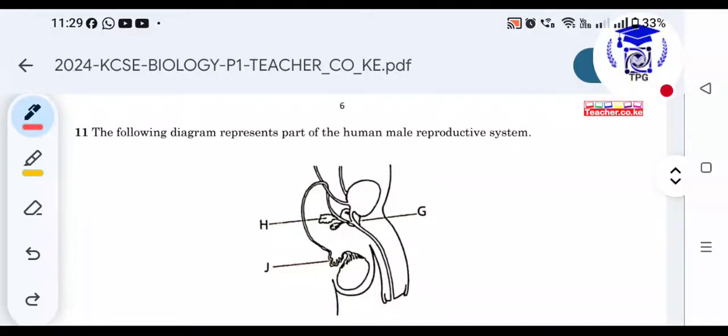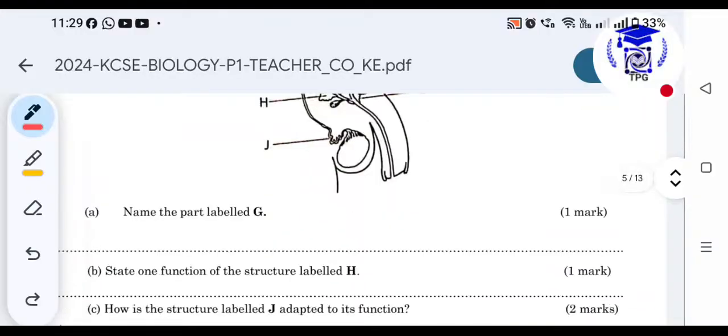The following diagram represents part of the human male reproductive system. So we have the male reproductive system. We have part H, part G, and part J. The question reads, name the part labeled G.